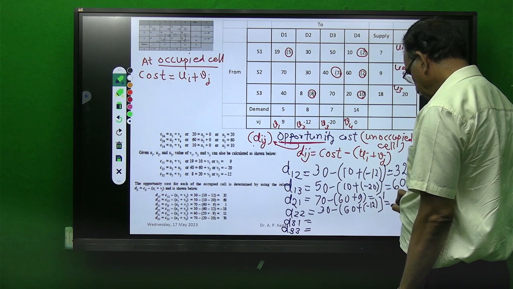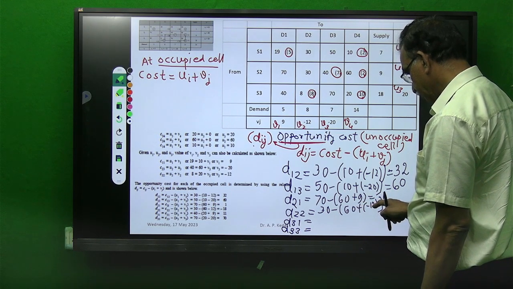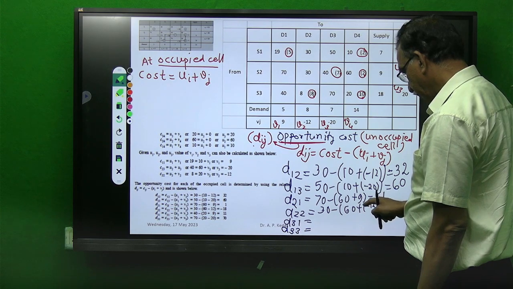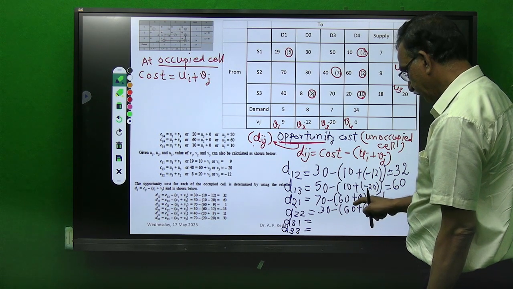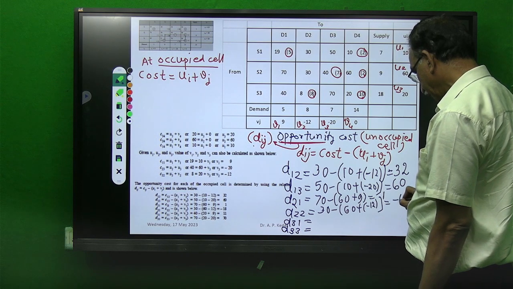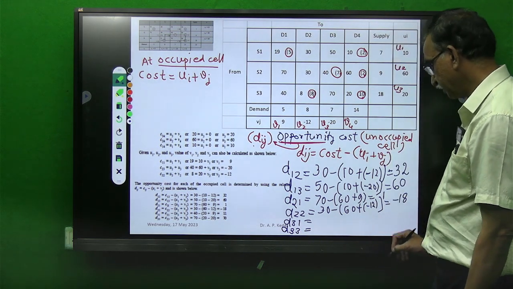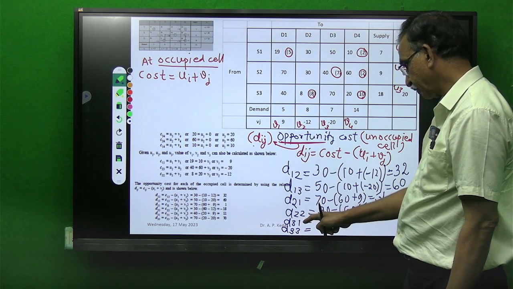So ultimately it will be 60 minus 12, so it will be 58, and 30 minus 58, it will yield minus 18. Minus 18.